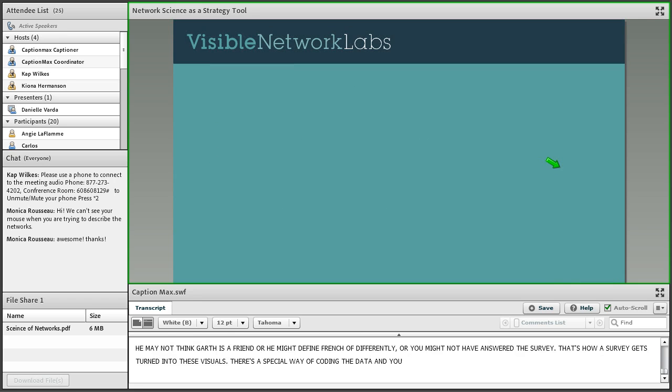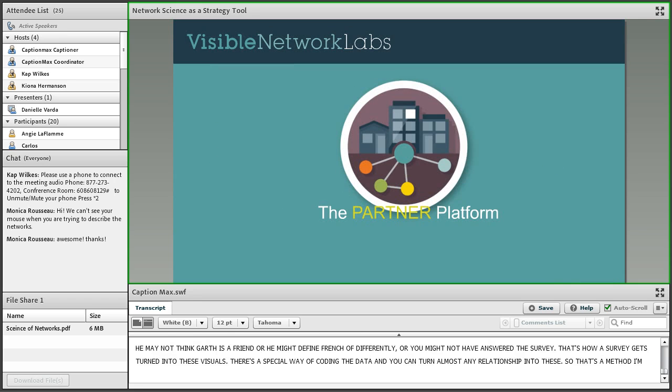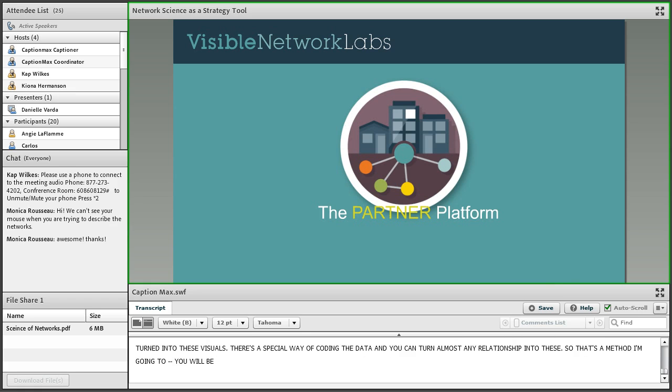We don't see that Bill said he was a friend of Garth, so he might not think Garth is a friend. He might just define friendship differently, or he might not have answered the survey. But that's how a survey gets turned into these visuals. There's a special way of coding the data, and then you can turn almost any relationship into these maps. So that's the method you'll be seeing a little bit of in these slides.